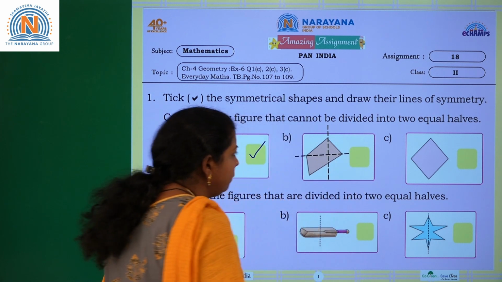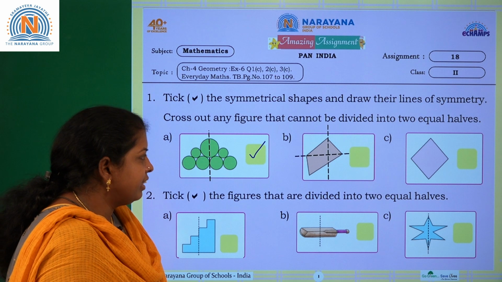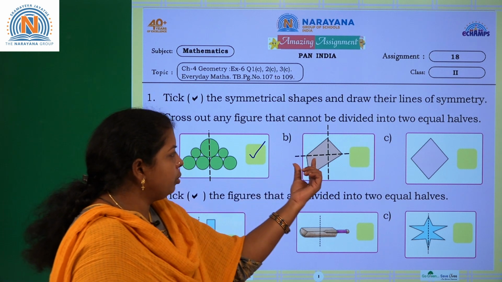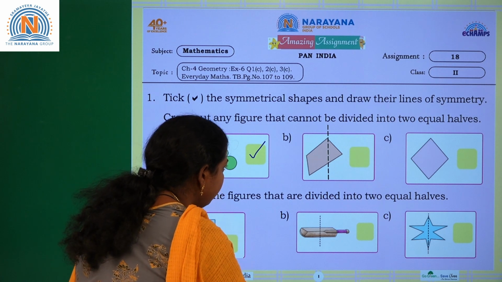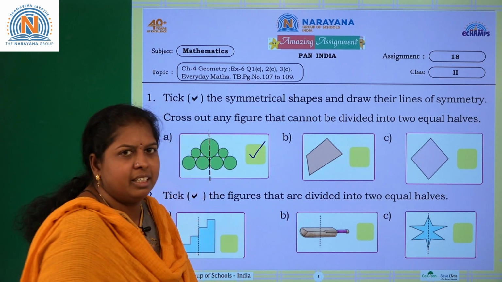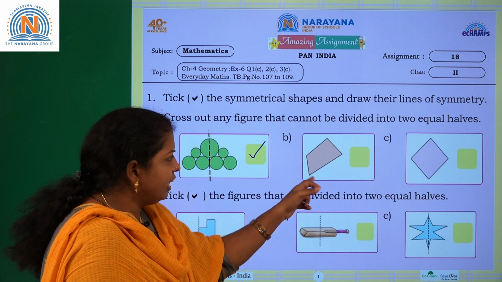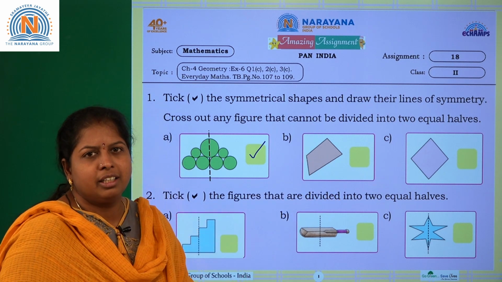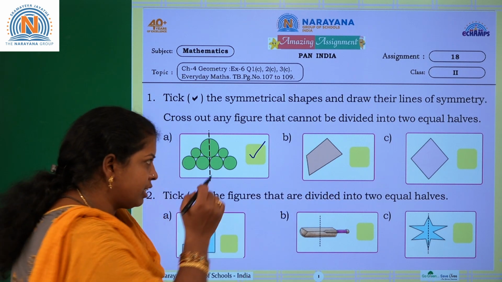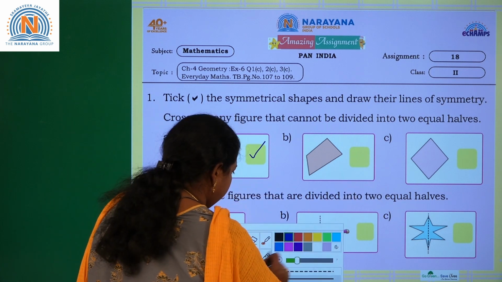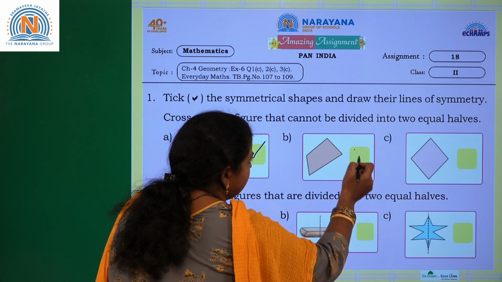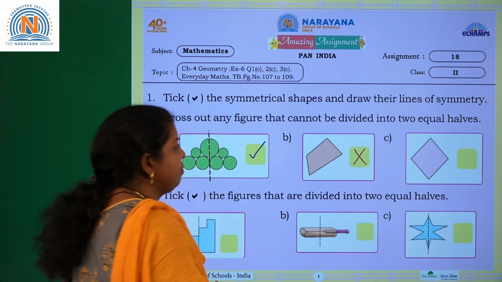Is it possible? No. Even then I am not getting two equal halves, right? So they are not symmetrical lines, either vertical or horizontal. Both are not lines of symmetry, right? So this figure is not symmetrical.